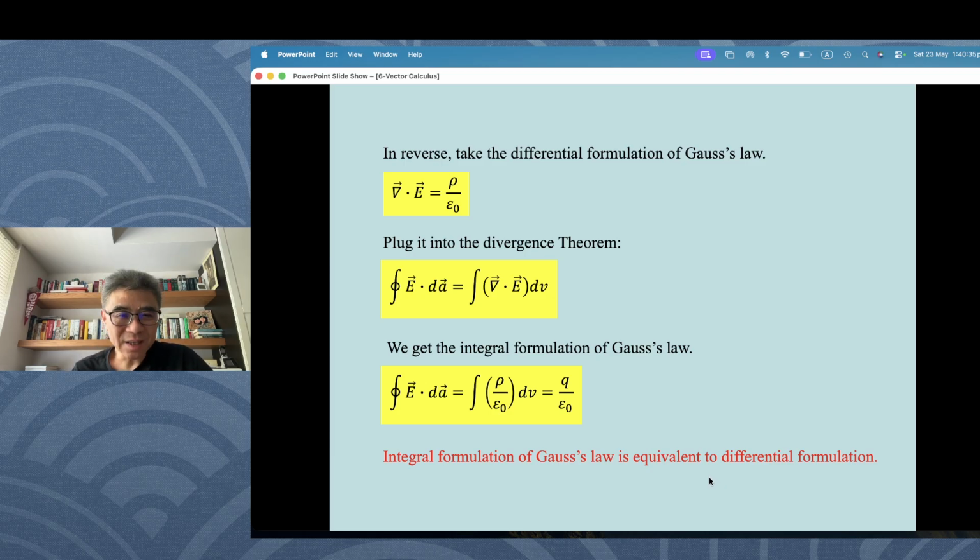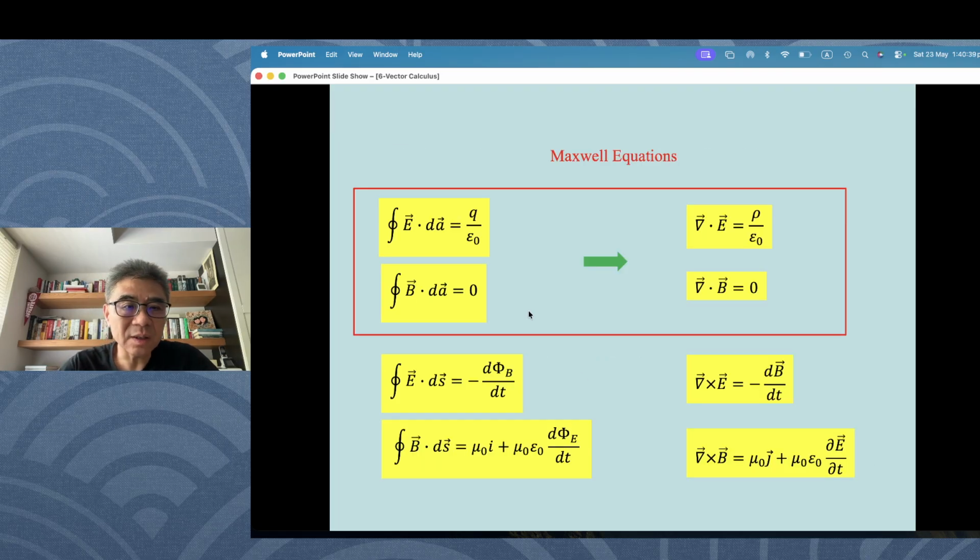Okay, so I think it's a very, very important result. You can use either the left or the right, integral or differential. It also tells you the Gauss's law of the magnetic field: the magnetic field does not have any magnetic charge, so the divergence of B is always equal to 0.